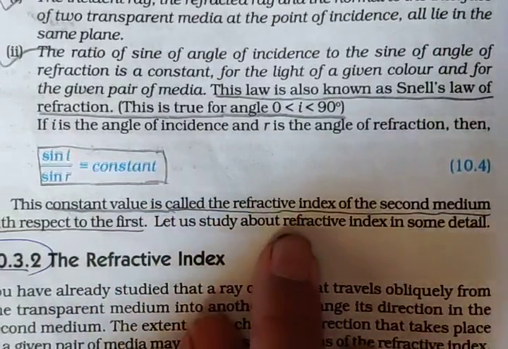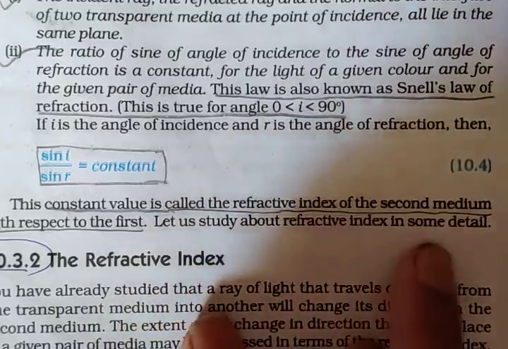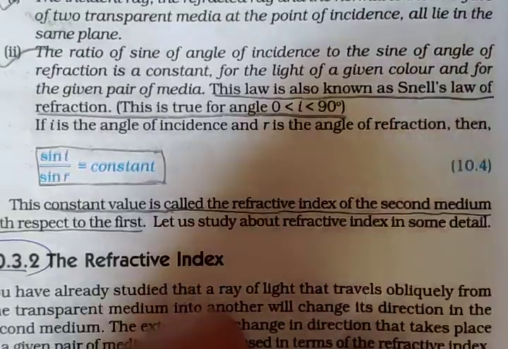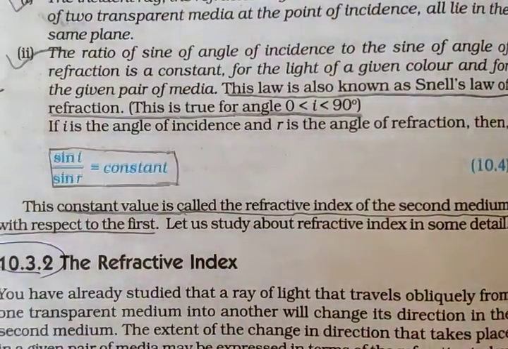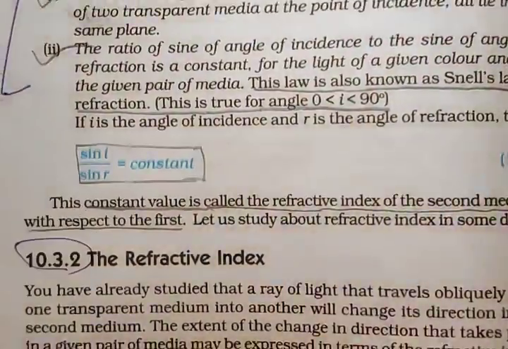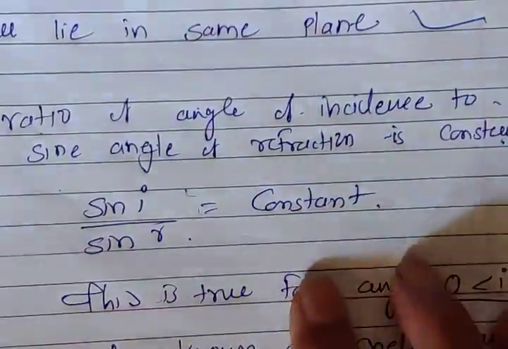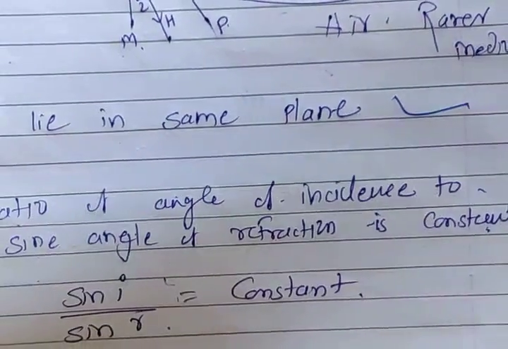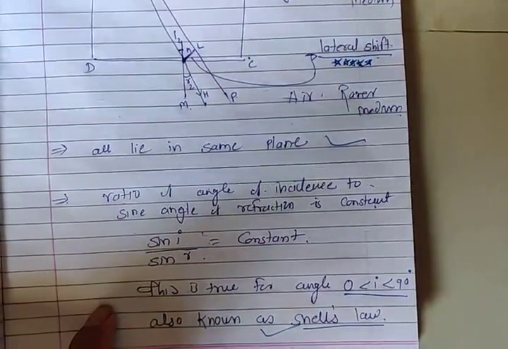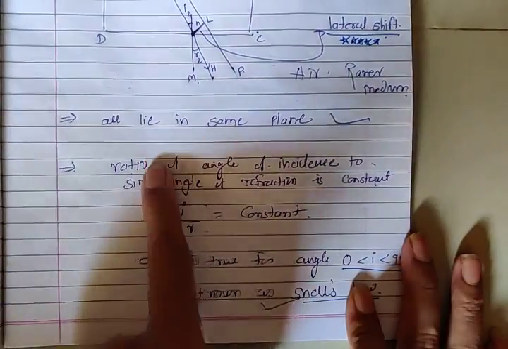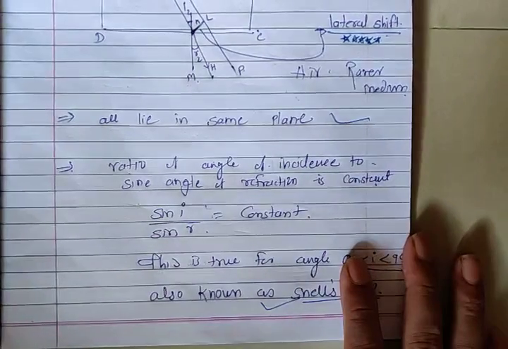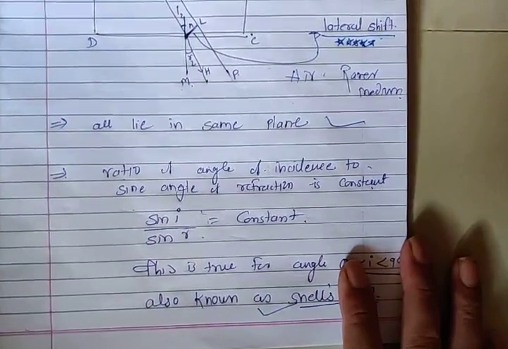Now let us study the refractive index in detail. Now we are going to see the same thing in detail. Here you might be able to understand it in short. ये आप short में याद रख सकते हो, but in exam you have to write it down once again in full. ये definition से ही खाली आपका concept समझने के लिए ठीक है.